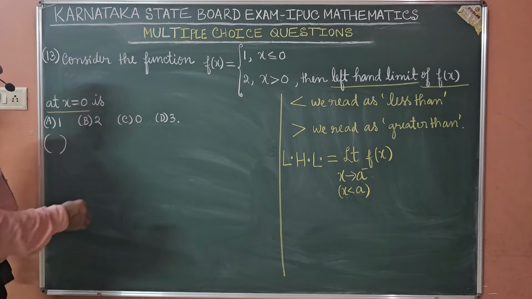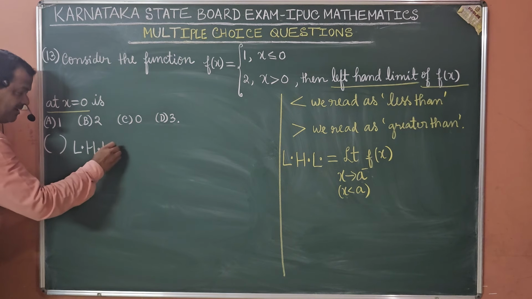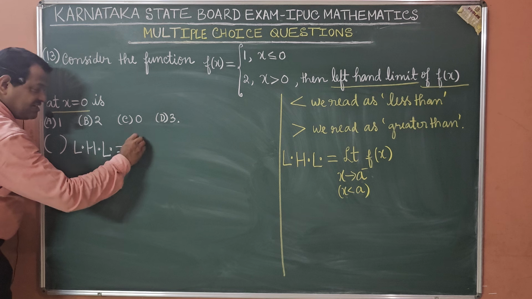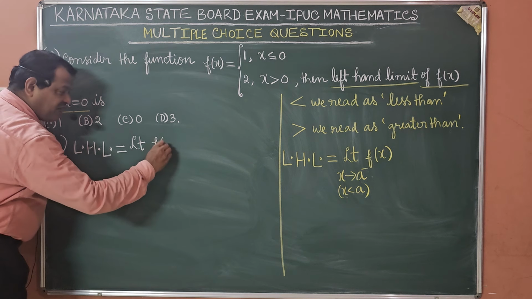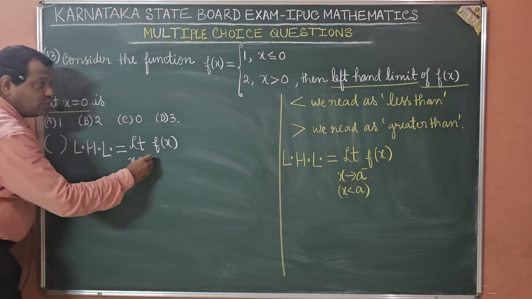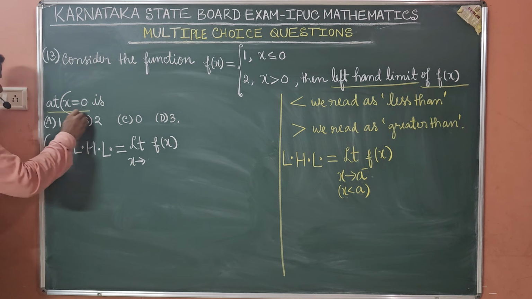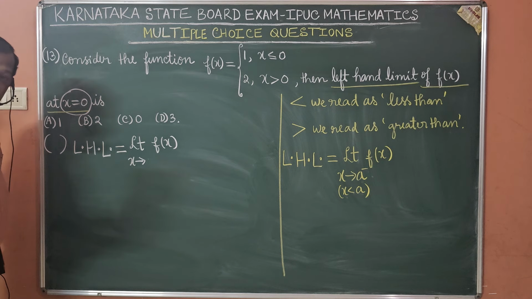Now let me begin the sum. Therefore, here I have LHL, meaning left hand limit, and my notation is limit of f of x as x tends to. Now instead of this a, we have 0, or in this exercise a is 0.